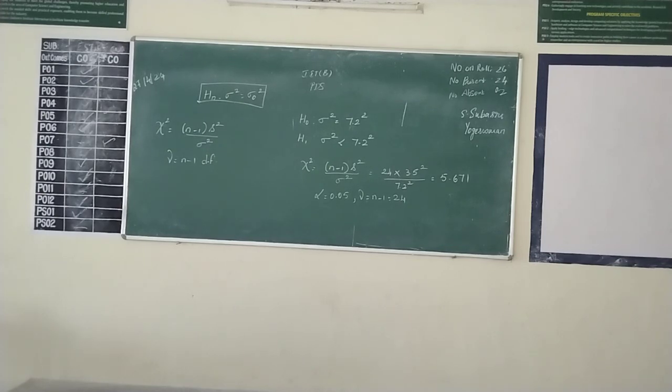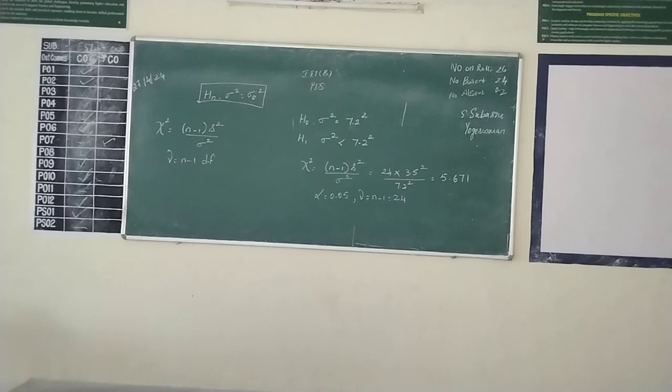Now, see the statement and tell me: large sample or small sample? Small sample. Single data or double data? Single data. So you can solve by standard deviation, because no mean values are given. Now we have to decide your H naught.